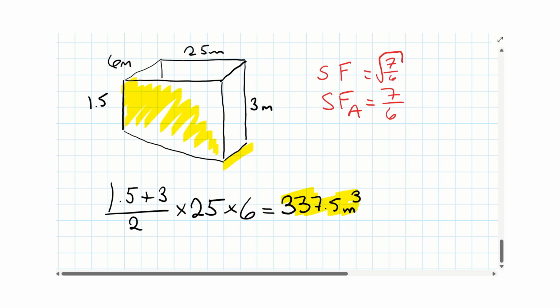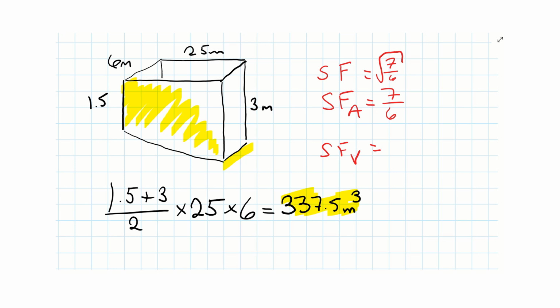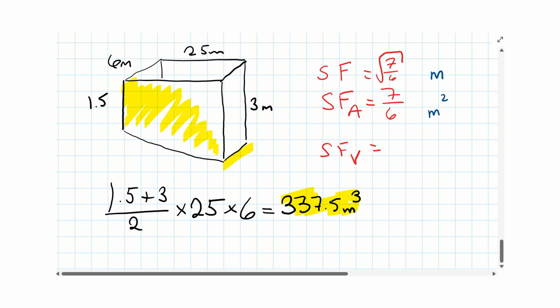So what is the scale factor of our volume going to be? Well, we can think about it in terms of the units. The units for our lengths are meters, the units for our area are meters squared, and the units for our volume are meters cubed.